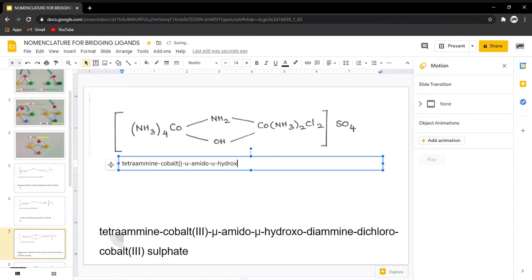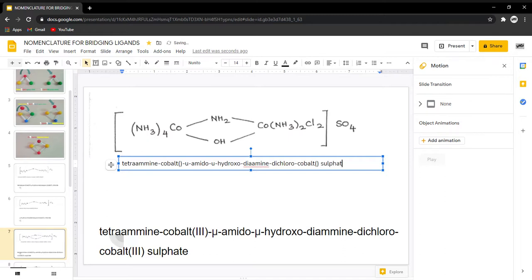Then what kind of group is present here? Diamine, dichloro, cobalt. Open and close the bracket so that you can fill in the oxidation number.